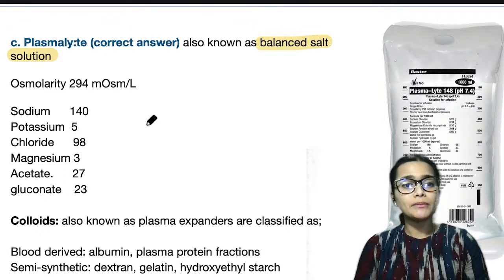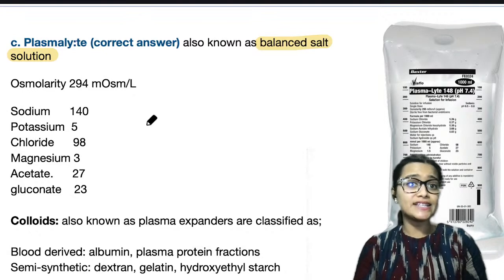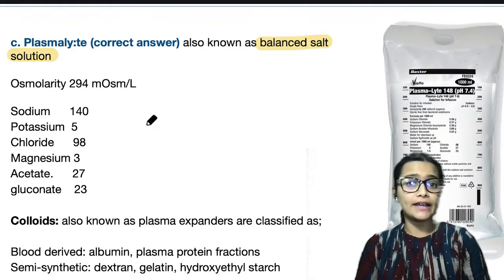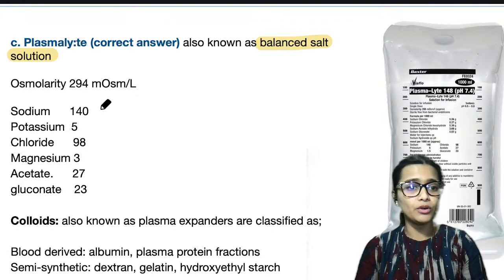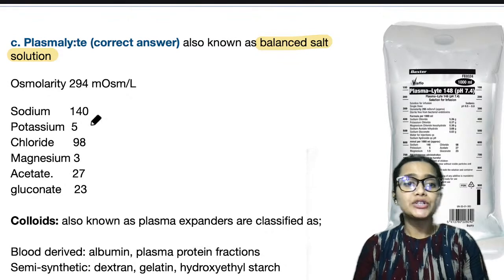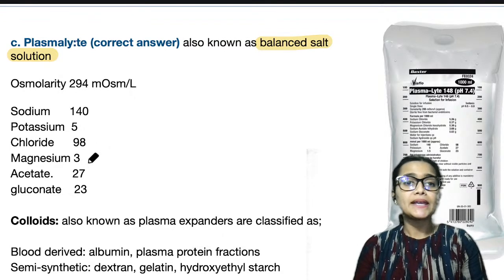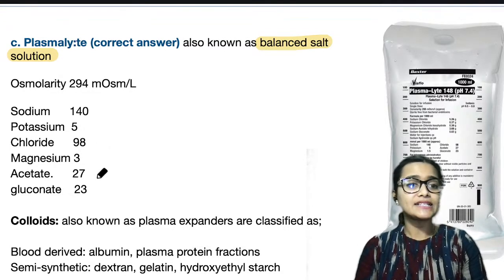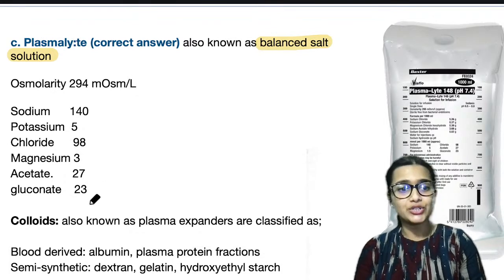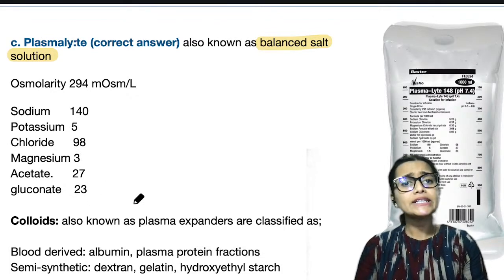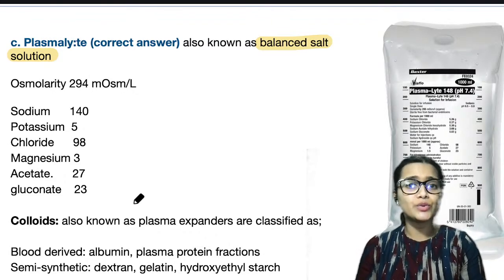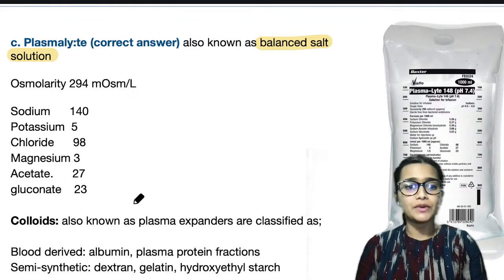It has sodium at 140, which is less than normal saline, which has sodium at 154, potassium at 5 milliequivalents per liter, chloride at 98 milliequivalents per liter, magnesium at 3, and acetate and gluconate are also added. So it's a very balanced salt solution because it has all the constituents which are like your normal plasma.